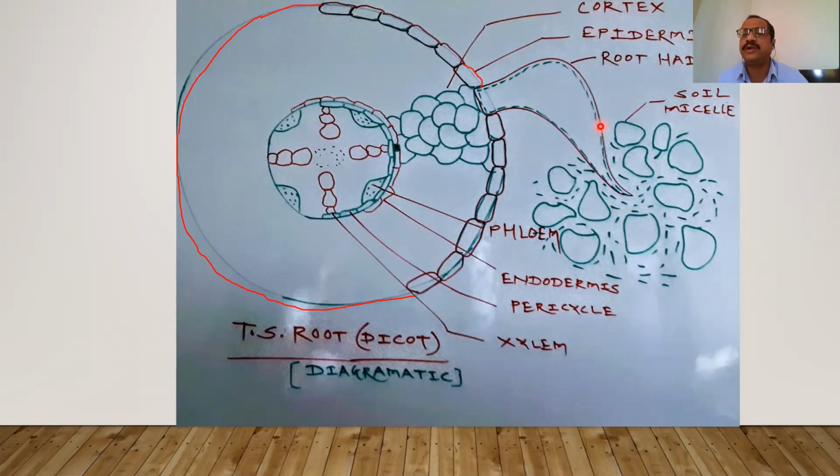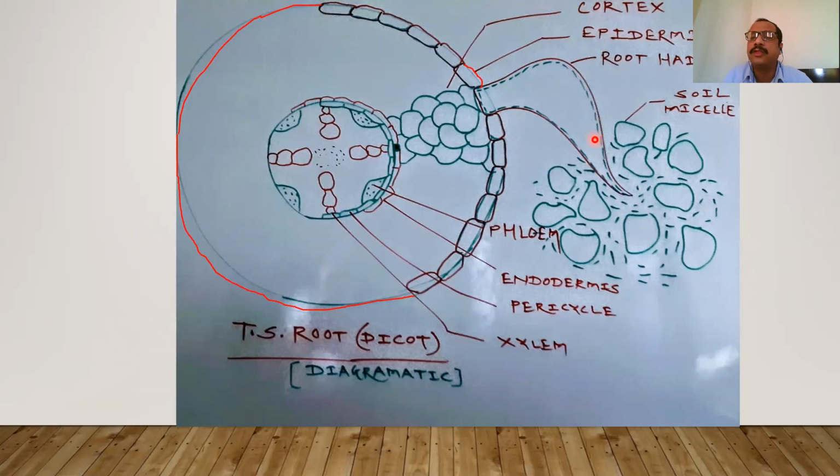It consists of outer layer made up of pectin or pectose substances and the inner layer made up of cellulose. So this pectocellulose layer is hydrophilic. It is made up of hydrophilic substances, pectocellulose. So due to hydrophilic nature or colloidal nature, the first step is imbibition of water on the cell wall of this root hair cell.